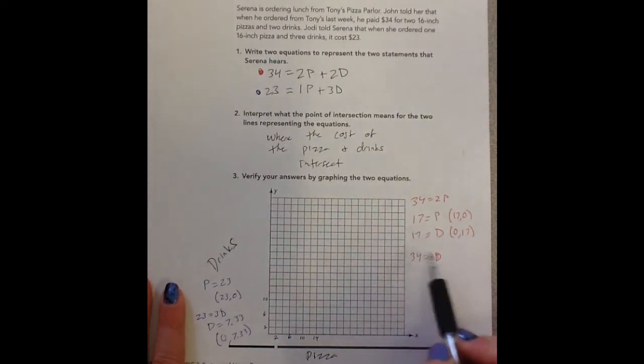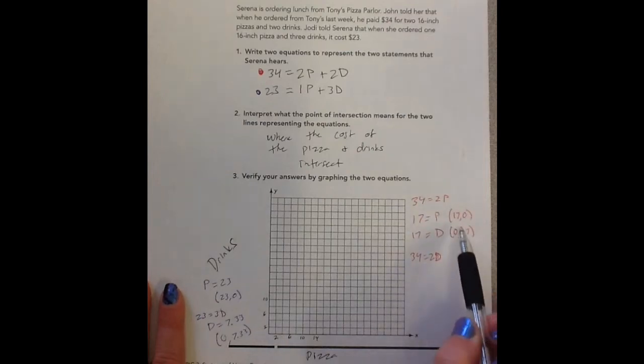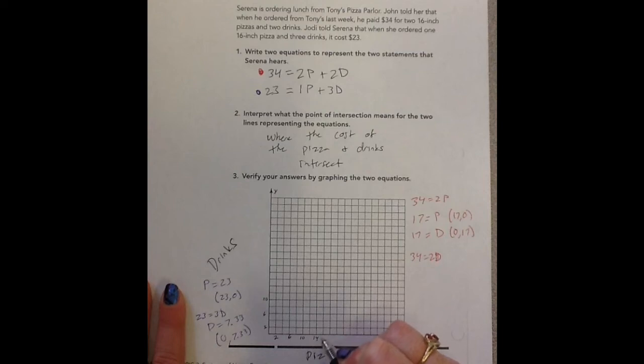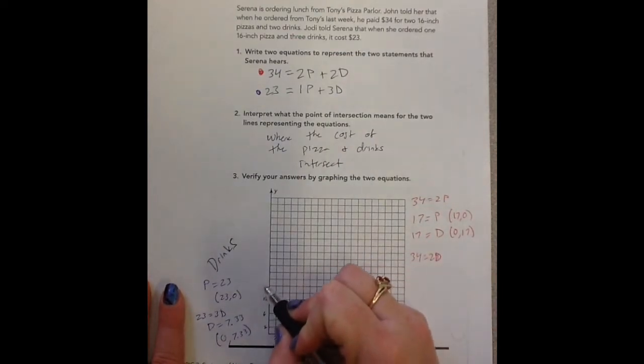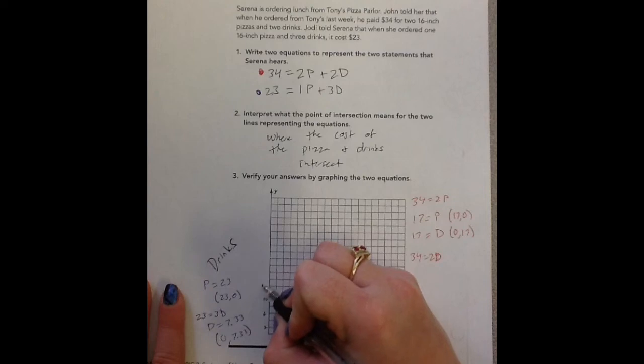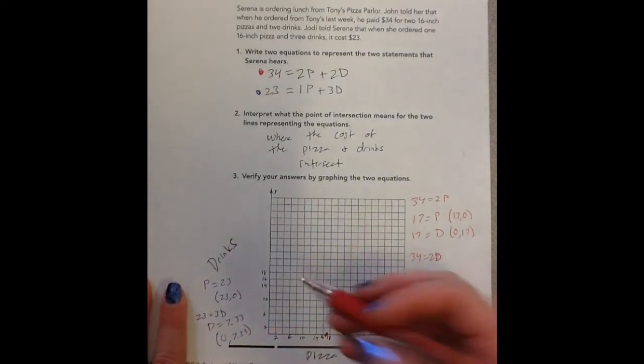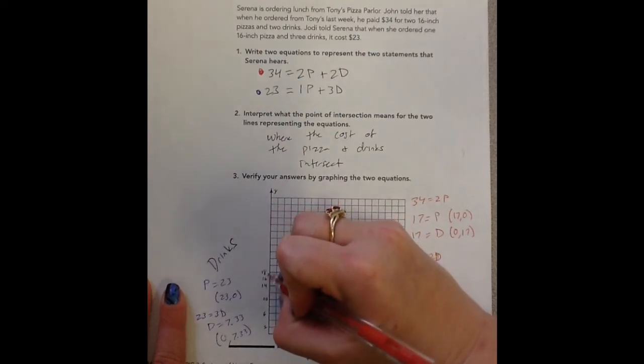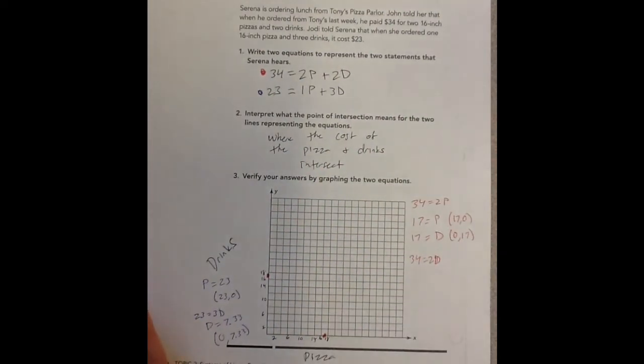I know that for my red equation, I have a point at 17, 0 and 0, 17. So I need to figure out what those are. Right here, between 16 and 18. And same thing on the y, between 16 and 18. So there's that line.